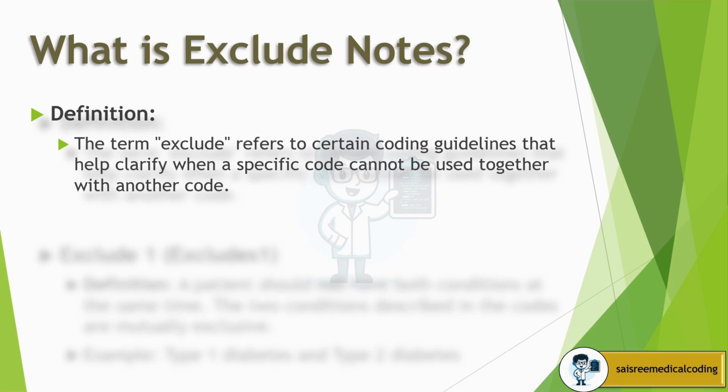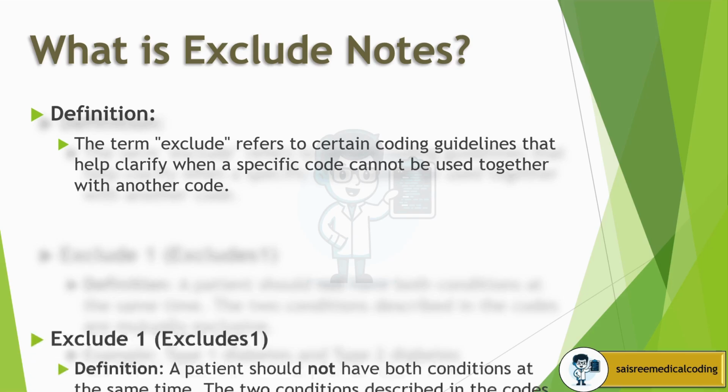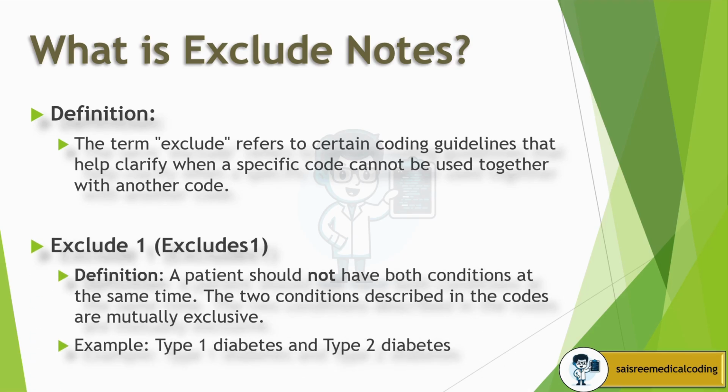We will see what is meant by exclude 1. Exclude 1 definition: a patient should not have both conditions at the same time. The two conditions described in the codes are mutually exclusive. Example: type 1 diabetes and type 2 diabetes. In simple terms, exclude 1 means two conditions cannot be coded together.